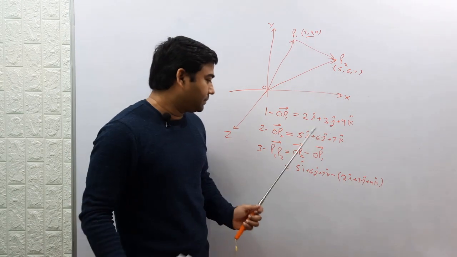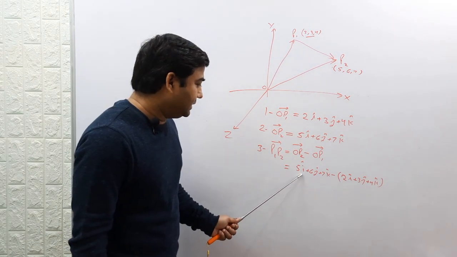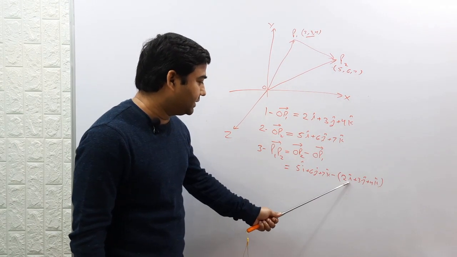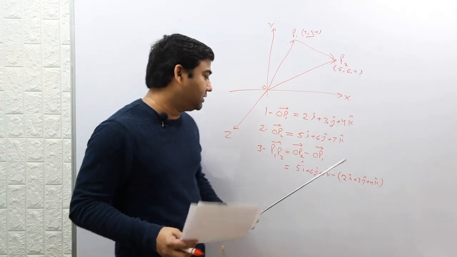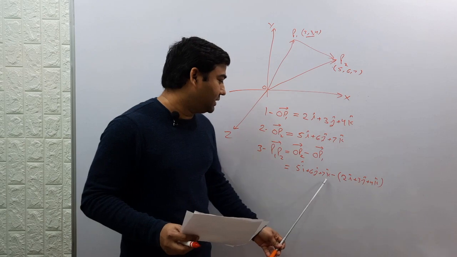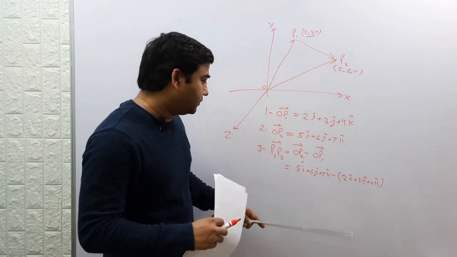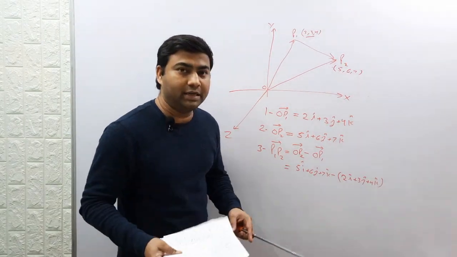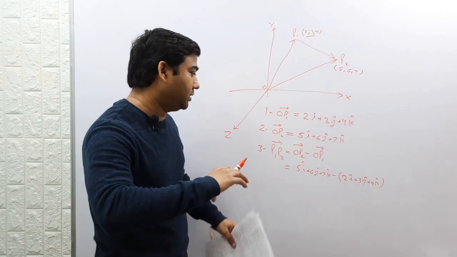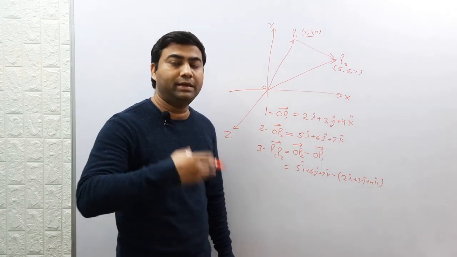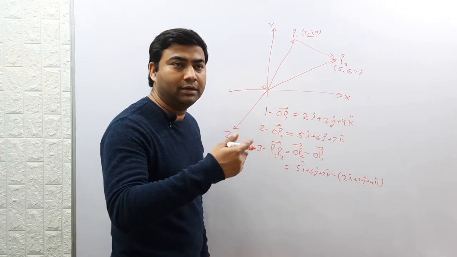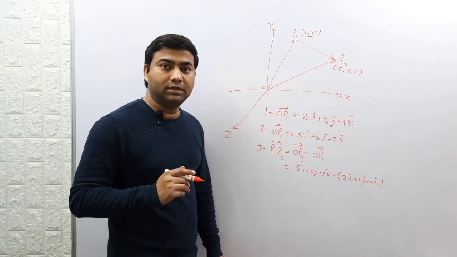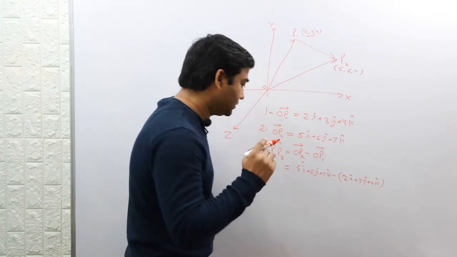Here we have component i in both, so we can algebraically add the i, j, k components. But addition between i and j, j and k, k and i is not possible because they are perpendicular vectors. Therefore, the resultant you have to find based on the Pythagoras theorem, under root x square plus y square.